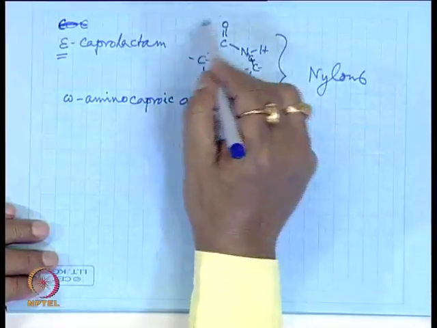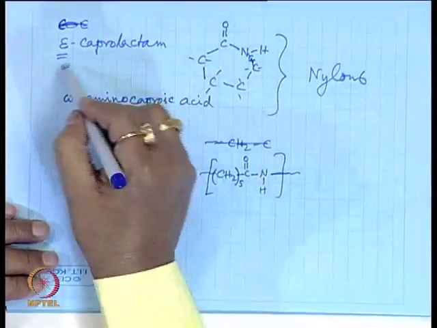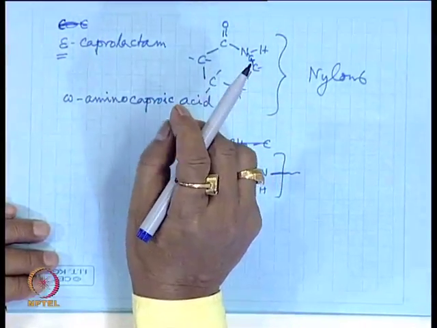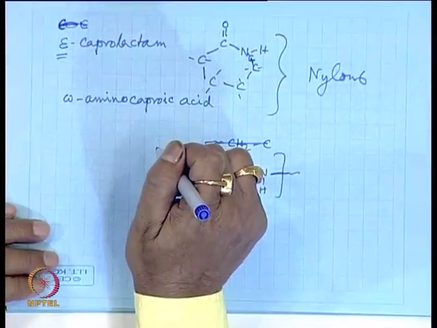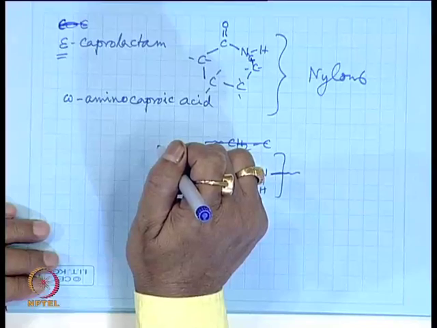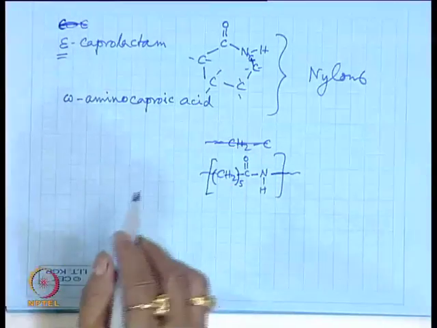This ring compound is known as epsilon caprolactam. Okay. Look at the IUPAC nomenclature.